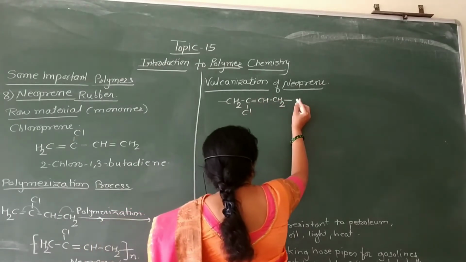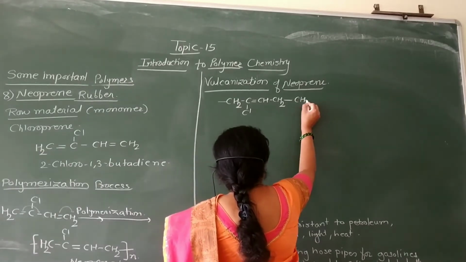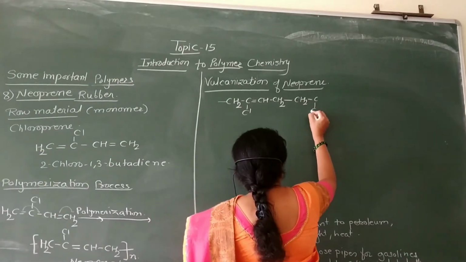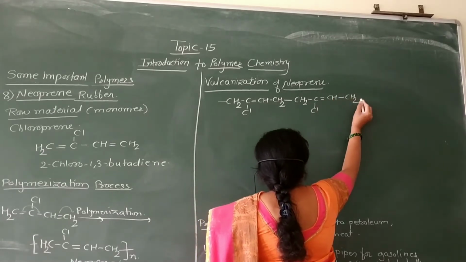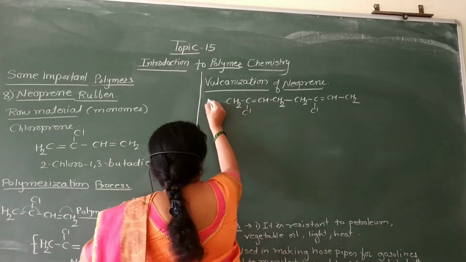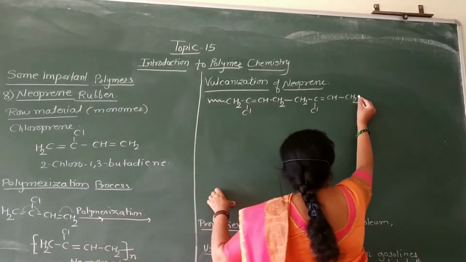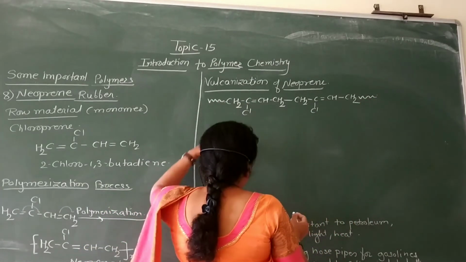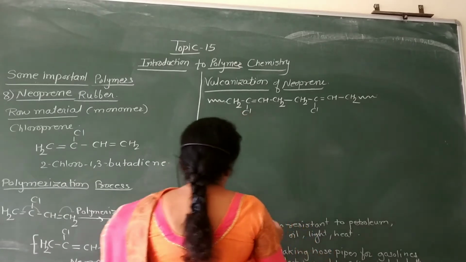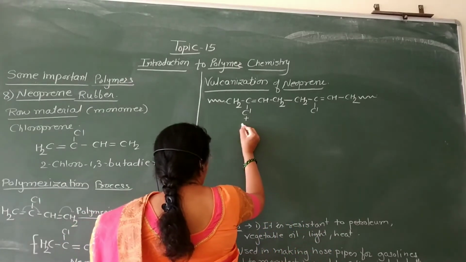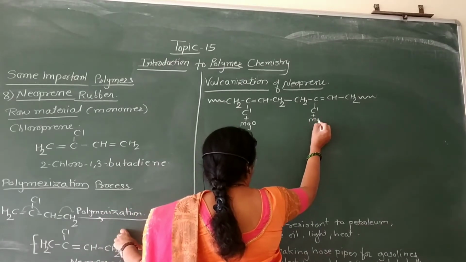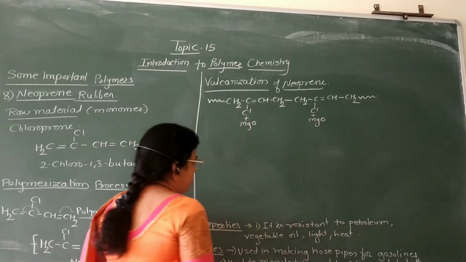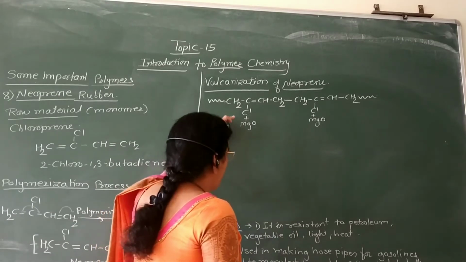Then again this is the second unit, CH2, C(Cl)=CH, CH2. Now here a number of units get attached to each other like this. This is the first neoprene and here this first neoprene reacts with MgO. This neoprene rubber is a linear polymer.